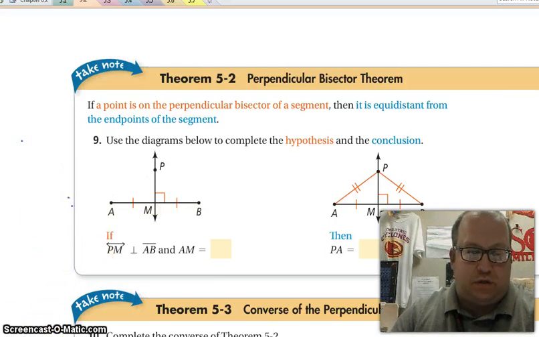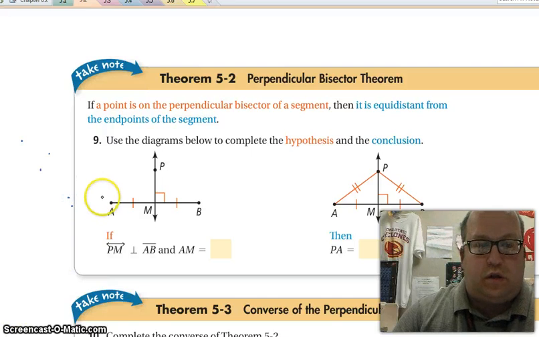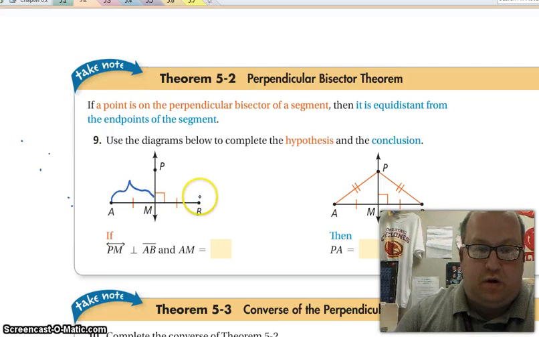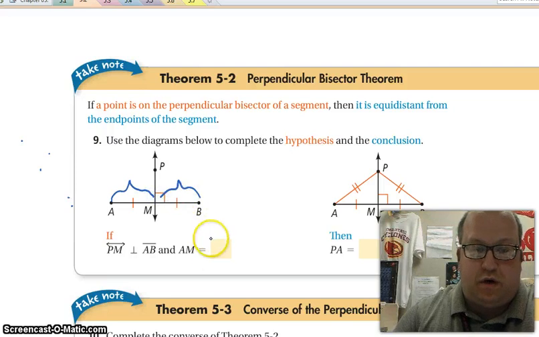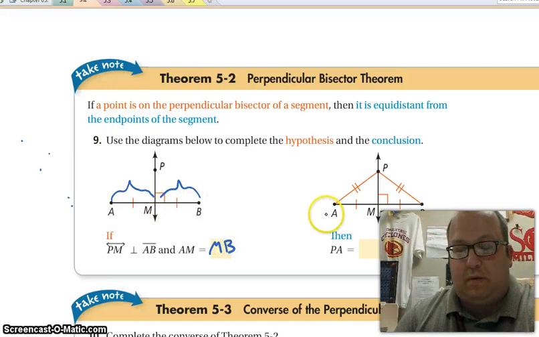Oh, I lost my cursor. All right, there it is. So here we have segment AB. It's got perpendicular bisector PM, and you can tell by these little marks right here that AM, this piece right here, has to equal this piece over here, which we'll call MB. The length of AM and the length of MB have to be the same.